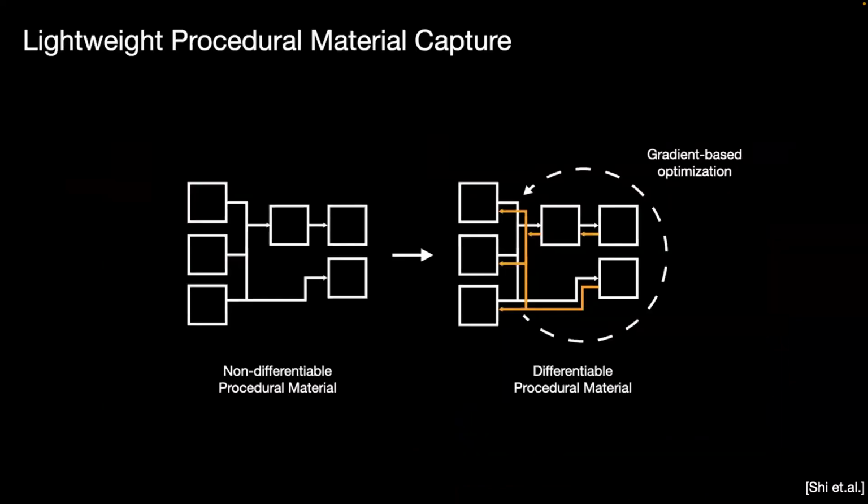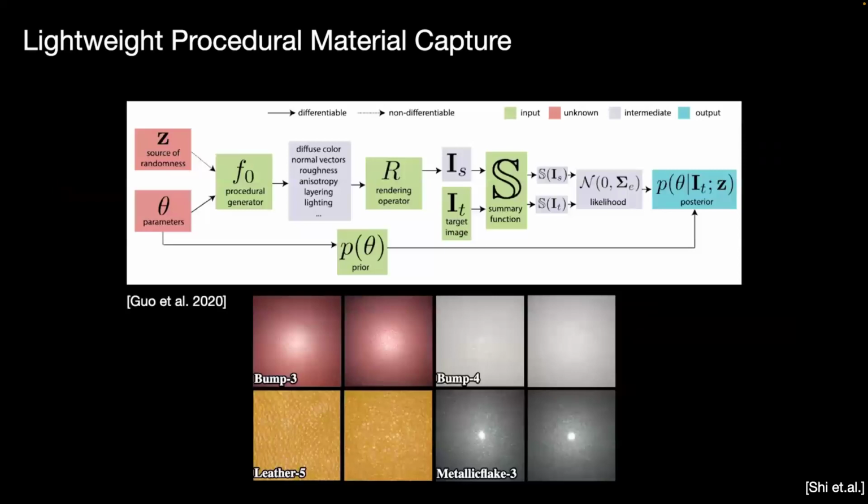It makes a difference. But the main thing is that we have to consider a differentiable procedural material. So it's a material that is not a simple shader graph. It's a shader graph that we can do gradient-based optimization. We need to do backpropagation to optimize and learn the parameters. And here is the scheme for that.